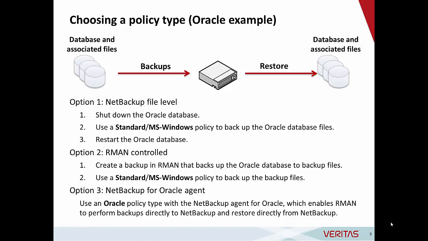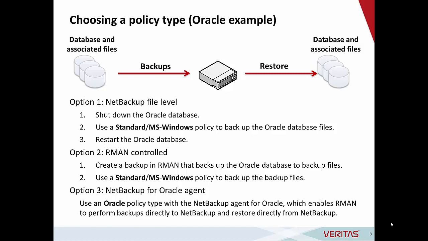Be an option to do a file-level backup, option 1, shut down the database, back it up with a standard or Windows policy, and then fire it back up again when you're done. Now, you can get a consistent backup that way, but I took the database offline to do it, so that's not going to be attractive in many cases.